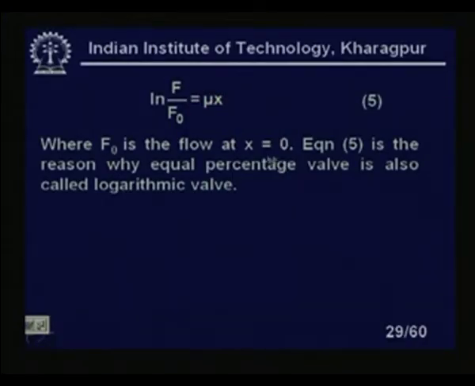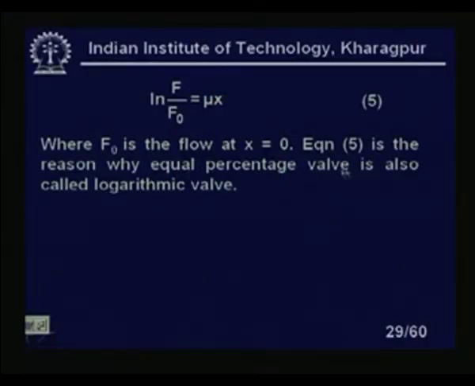That means at x equal to 0, we have to assume f naught, otherwise we cannot solve the equation. At the minimum position the valve is not totally shut off; there is a non-zero value of f, which is f naught. It is true in practically all cases of valves, especially the double seated valve. Equation 5 is the reason why the equal percentage valve is also called the logarithmic valve.